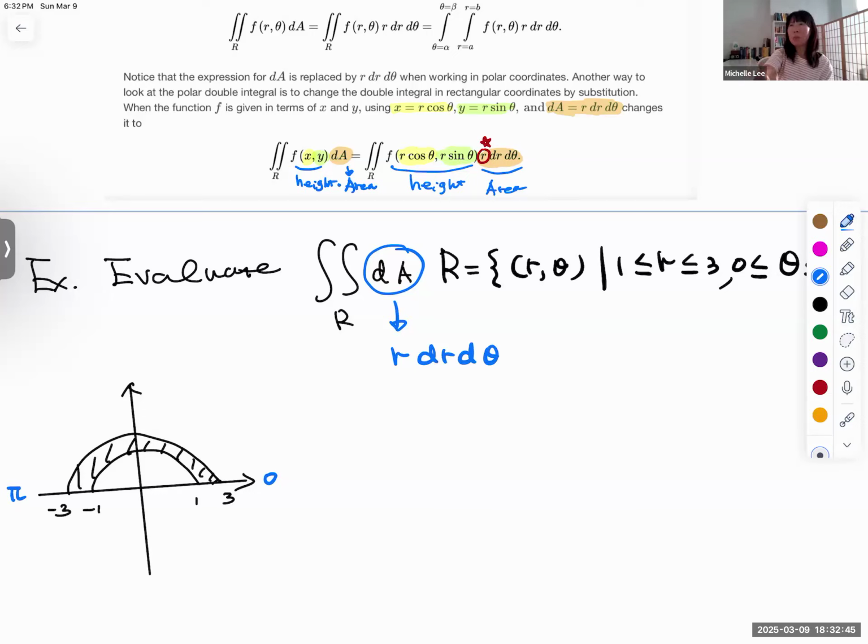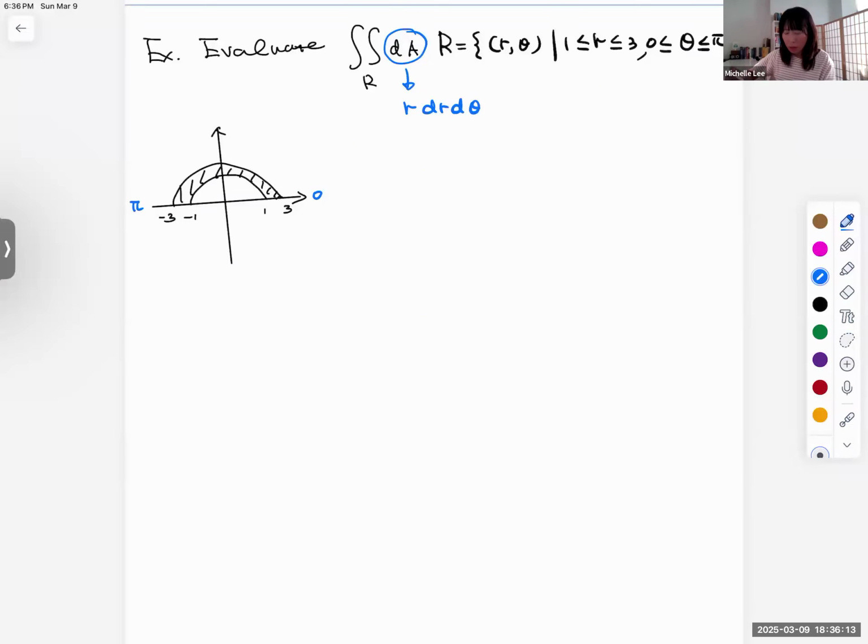Okay, so I draw a nice picture. All right, so the radius 1, 2, 3, right? And theta between 0 to pi. So quadrants 1 and 2, right? And dA, which is r dr d theta, and we don't have a function, so we are just finding area here, right?